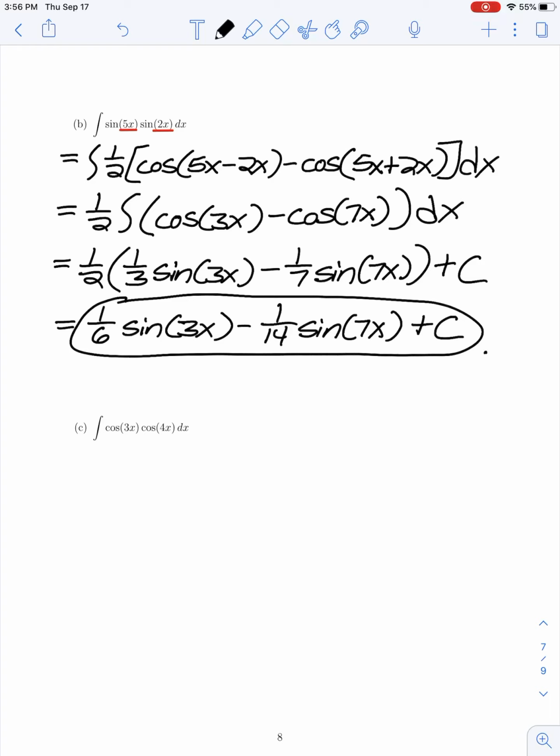All right. Now in our last example, we have the integral of a product of two cosine functions of differing arguments, cosine of 3x and cosine of 4x.